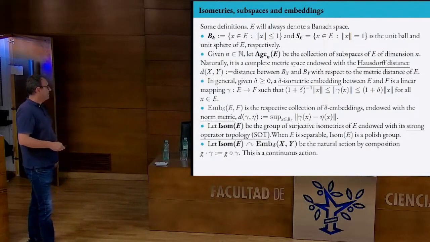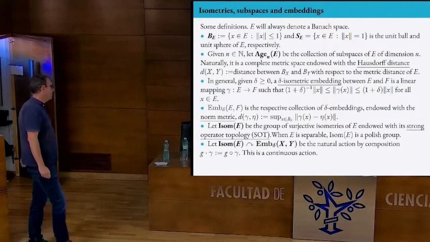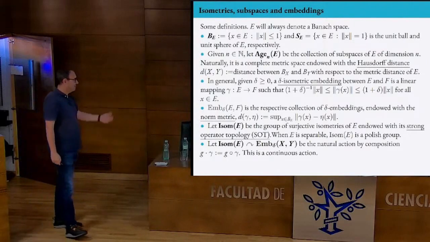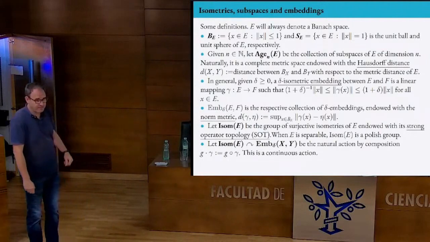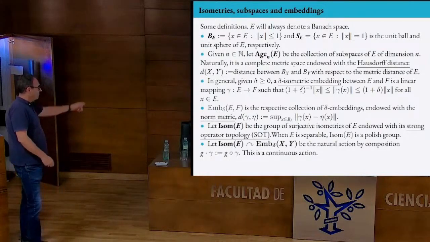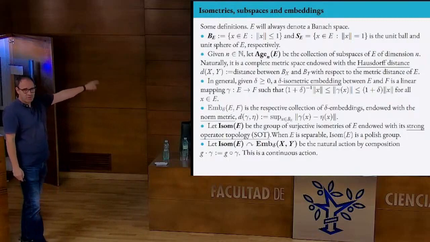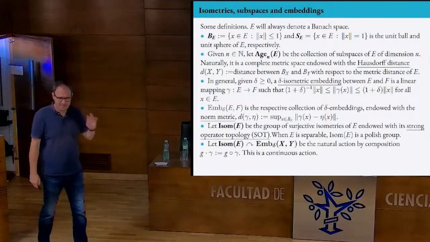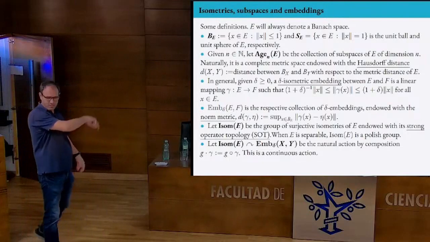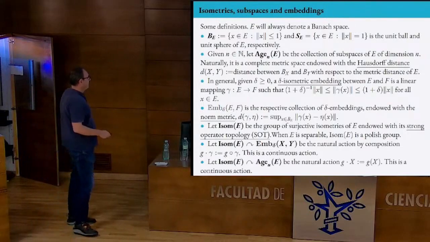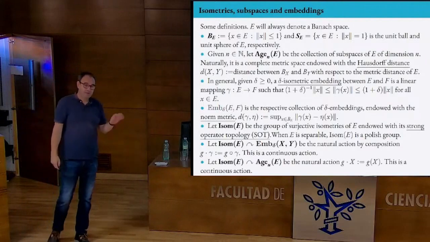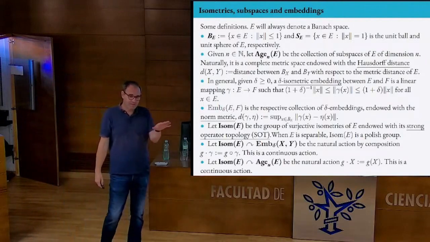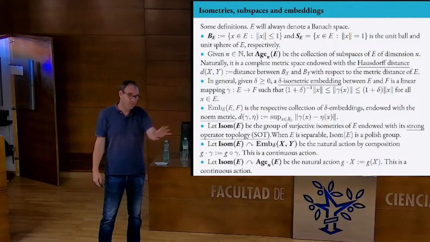And now there is this action, which is one of the actions we want to understand: the isometry group acts on the delta embeddings simply by composition, and that's it. Sometimes I forget to put G inverse, but it doesn't matter. If you need G inverse, you put G inverse. And on the H_n, you have an n-dimensional space and an isometry, and you move it.